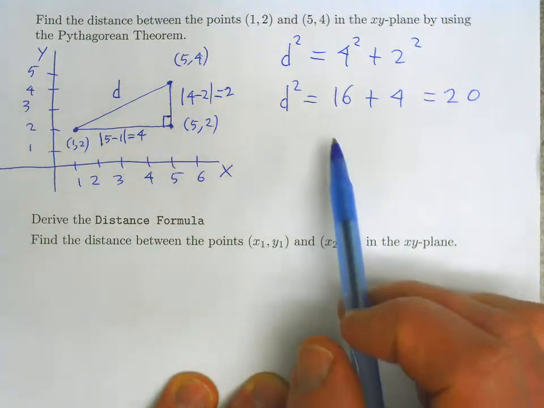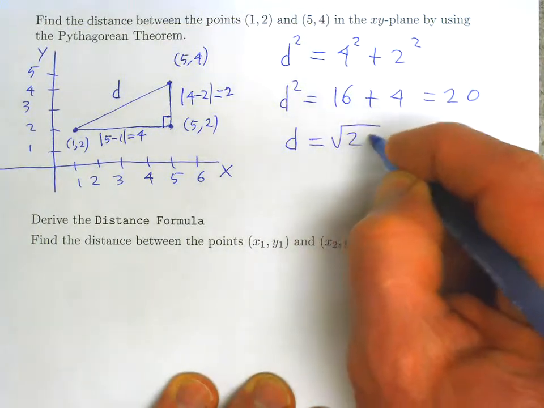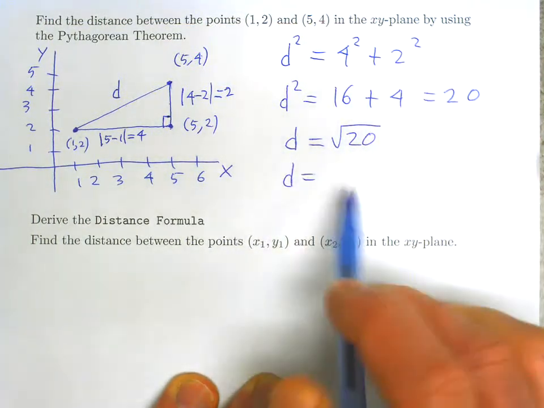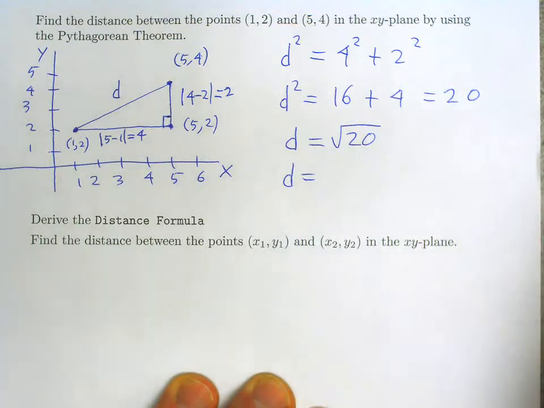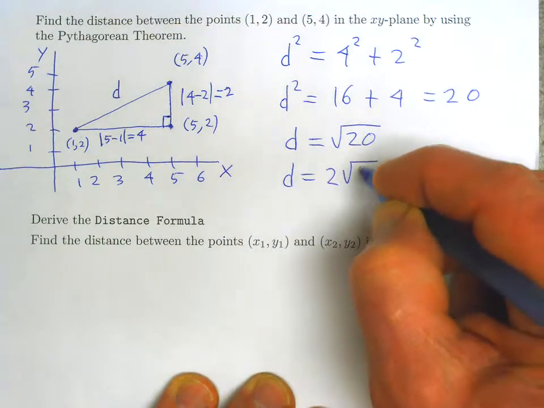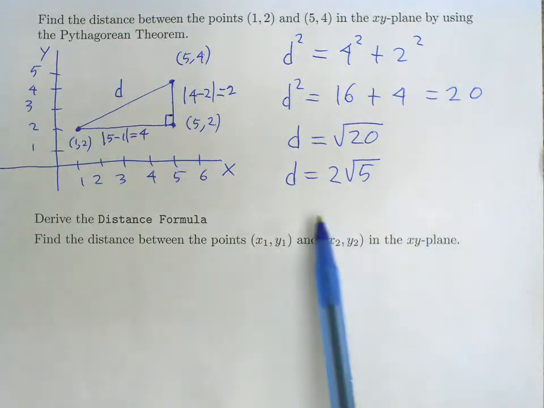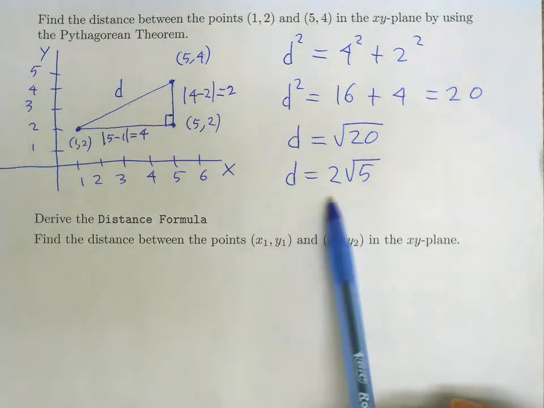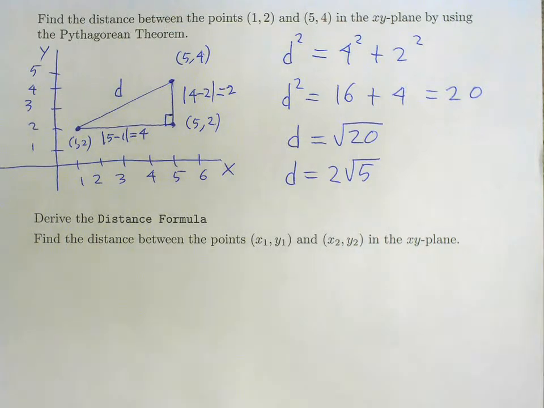And then the distance is the positive square root of 20. And we want to simplify square roots whenever possible. So the positive square root of 20 simplifies to positive 2 times the square root of 5. Make sure that you can convert something like this to a decimal number if you are called upon to do so.